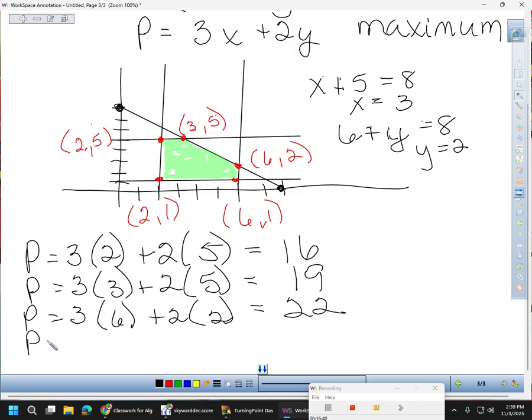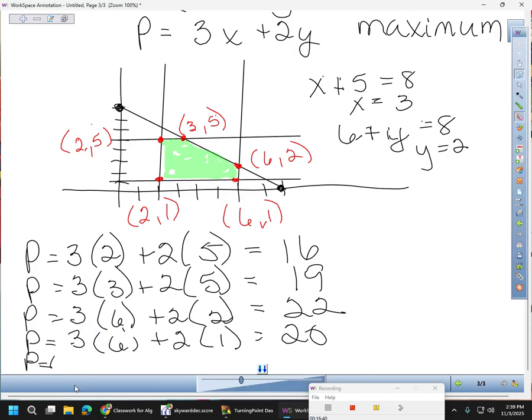Next one, we have P equals 3 times 6 plus 2 times what? Good. 20. And the last one we have P equals 3 times 2 plus 2 times 1, which I agree is 8.